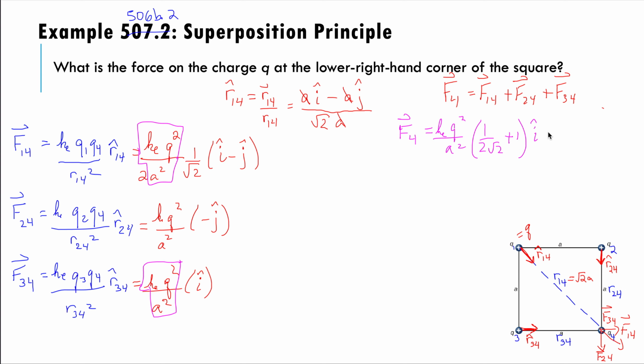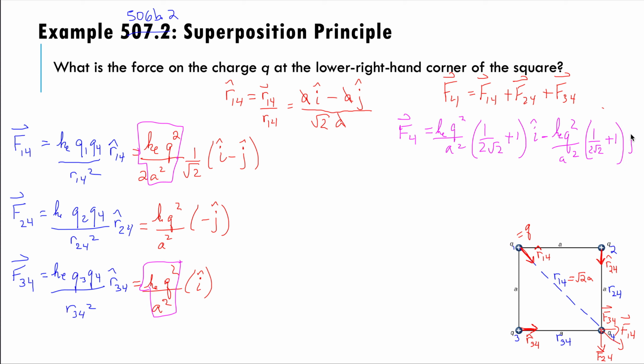And then we're going to do the same thing for the j direction. And actually, instead of writing a plus, since both j components are in the minus j direction, we can just write a minus here. We can factor out our k q squared over a squared. For F14 in the j direction, we still have the 1 over 2 square root of 2 factor. And then for the F24 component, we just have a 1.